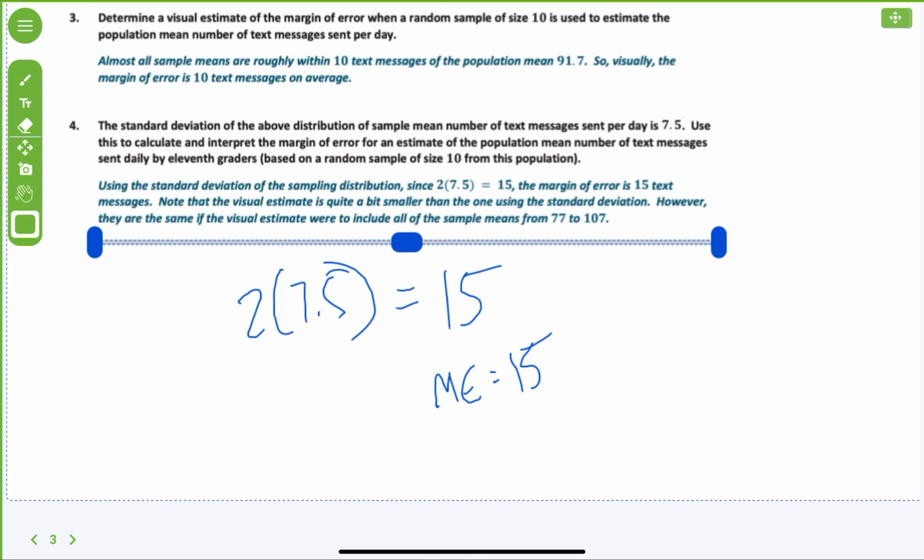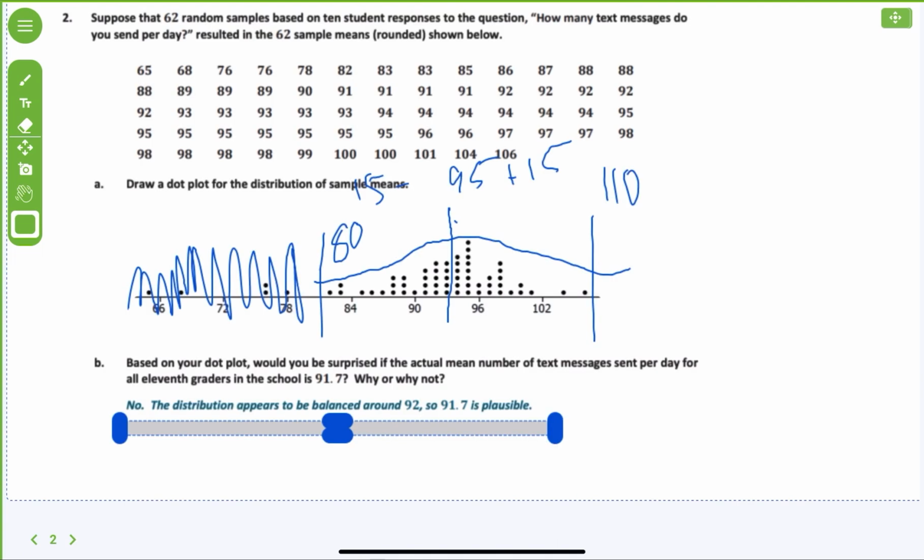However, they are the same if the visual estimate were to include all the samples from 77 to 107. Okay, so if we go back and look at it, they said from 77, okay, which would be here, up to 107, which would be all of that. So they just extended it a little bit farther, okay?